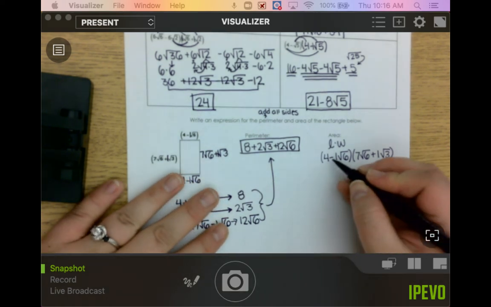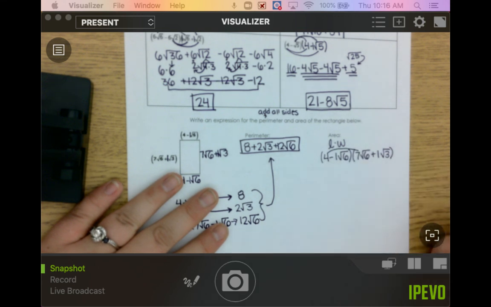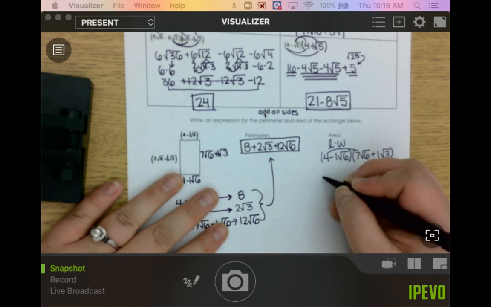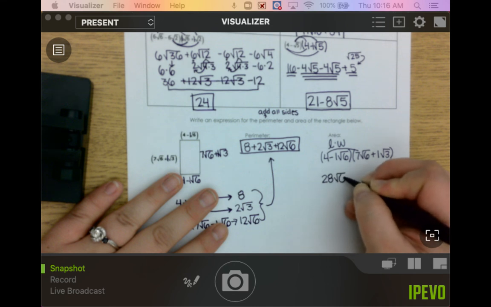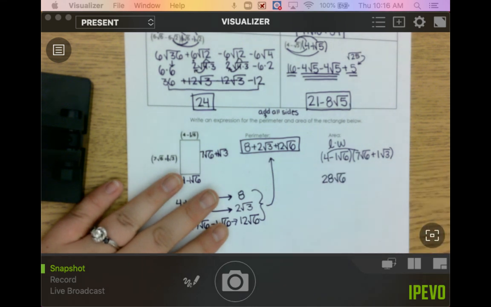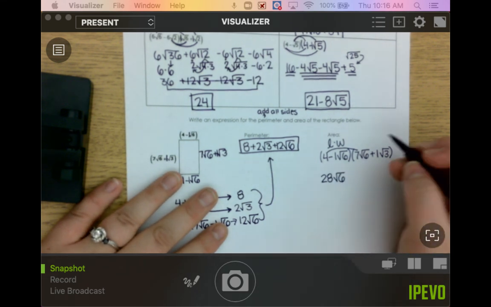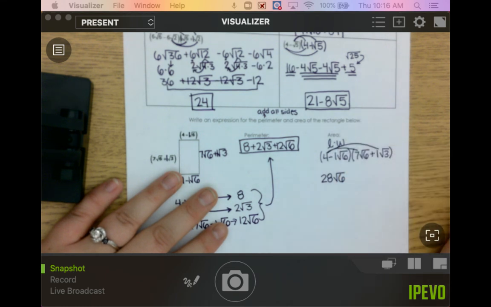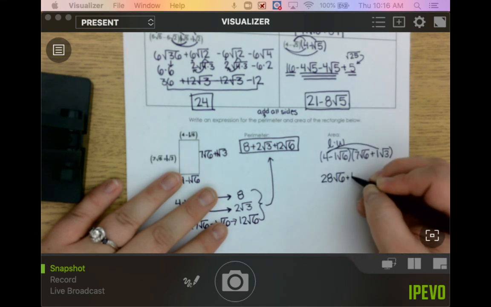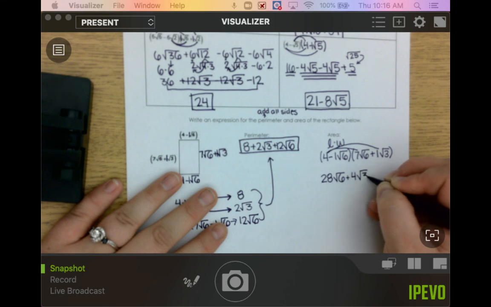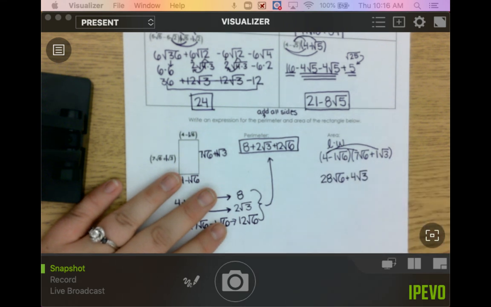So I'm going to take 4 times 7 square root of 6. 4 times 7 is 28. The square root of 6 doesn't get to change because there's nothing else inside a square root. 4 times 1 square root of 3 is 4 square root of 3. So the 4 and 1 multiply since they are both outside.